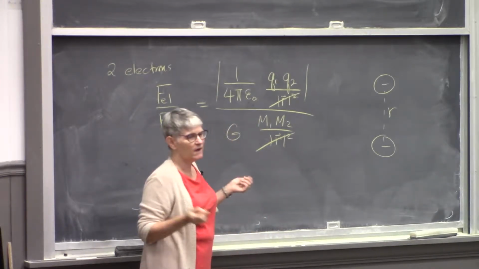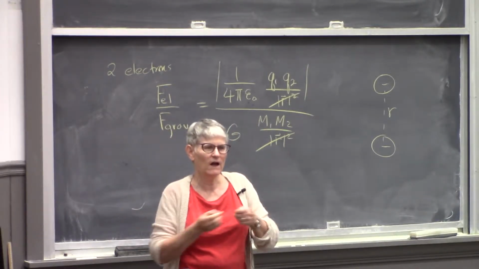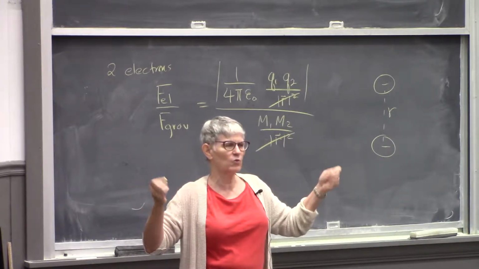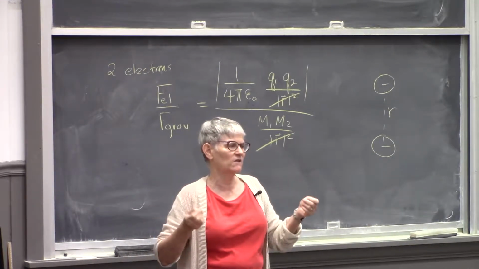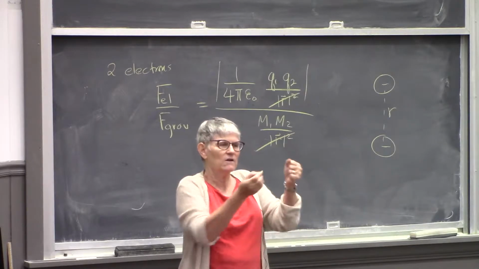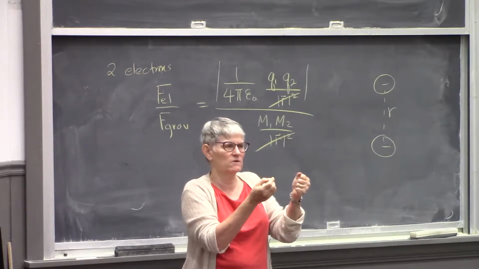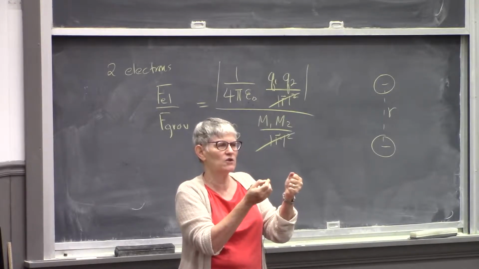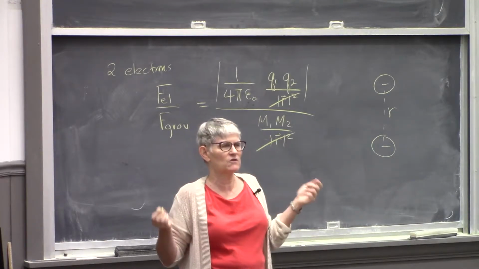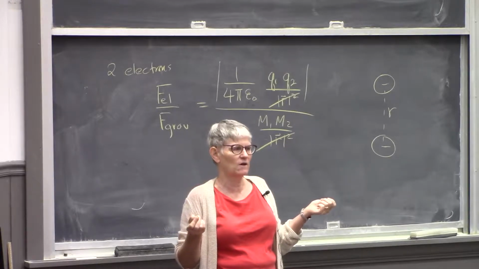And that already tells us something, which is that no matter how far apart these particles are, the ratio of the forces is going to be exactly the same. So if they get a lot closer, both forces increase by the same amount, so the ratio still stays the same. So the ratio is independent of how far apart they are.